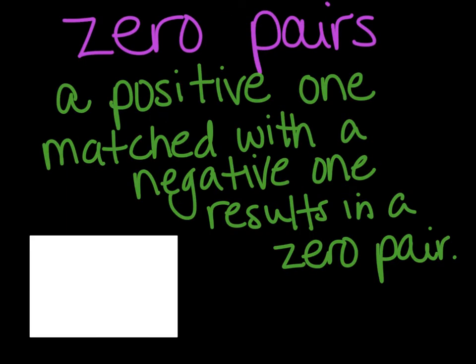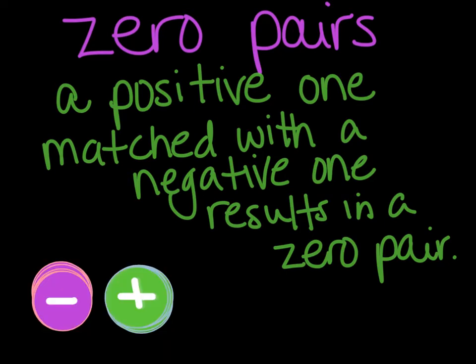We'll talk a lot about zero pairs when adding and subtracting integers in the next couple of weeks. A zero pair is when we have a positive 1 matched with a negative 1, which results in what we call a zero pair. So if you look at the lower left-hand corner, we're going to bring into view this idea of chips and the idea that we could make some zero pairs.